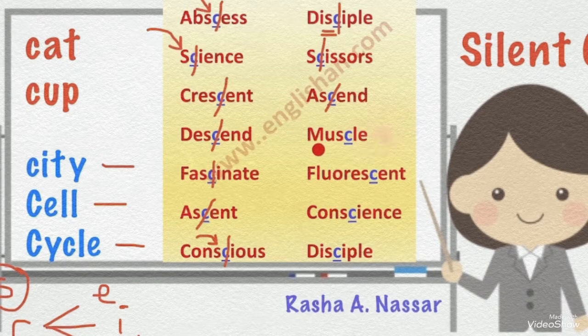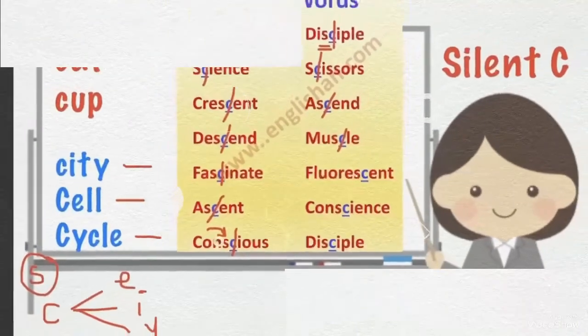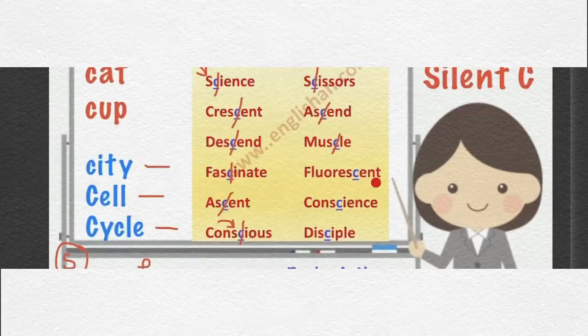Muscle. Again I will cut letter C. And what about this word? Fluorescent. So here again I will cut letter C. I will get rid of it and I will read the word without letter C. And this word is conscience.